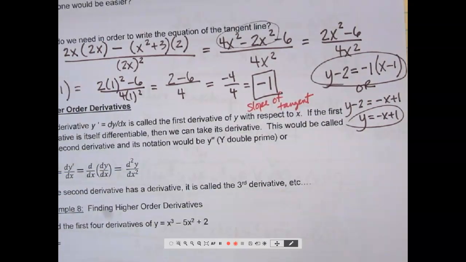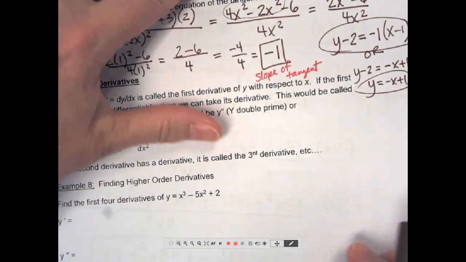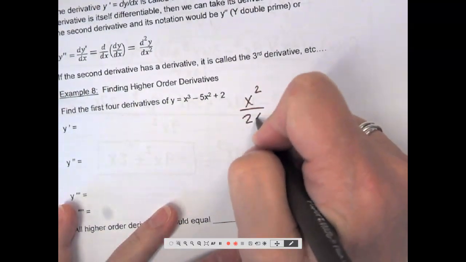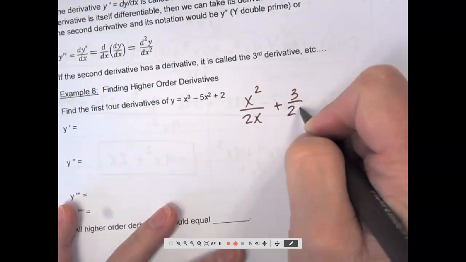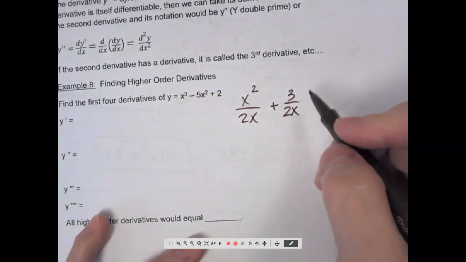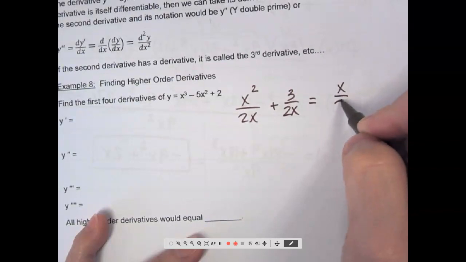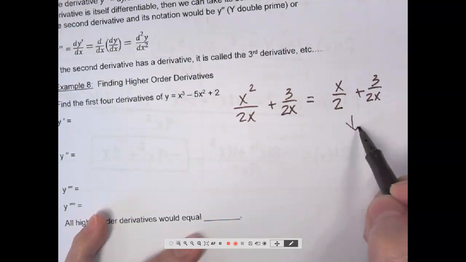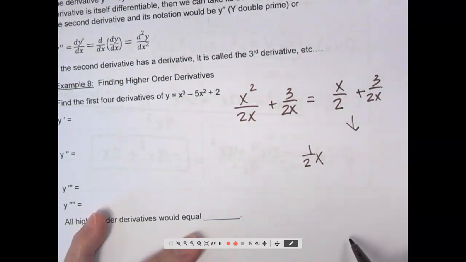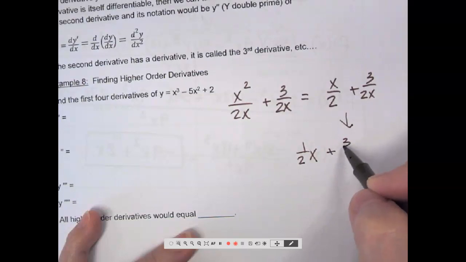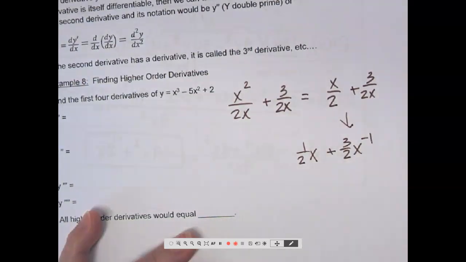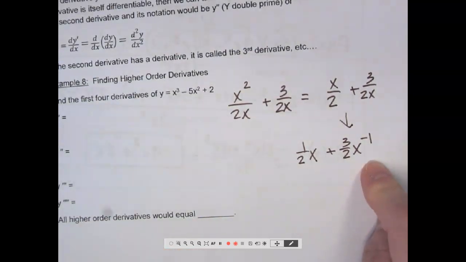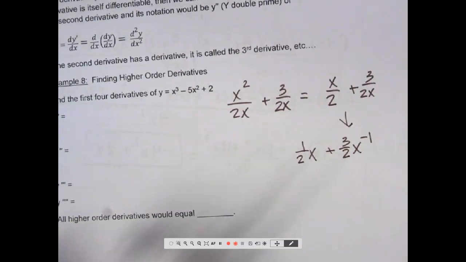If we had not used the quotient rule on this one, I would have to break this up into x squared over 2x plus 3 over 2x, which would become x over 2, and that wouldn't reduce there. So what I would then change it to is 1/2 x plus 3/2 x to the negative 1. And that seems a little messier to me than using the quotient rule. But you could do it, and you get the same answer in the end.